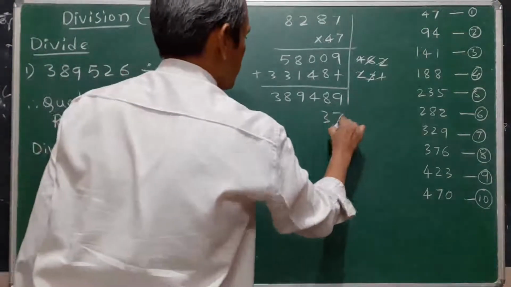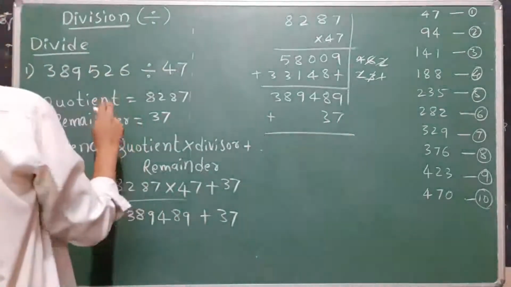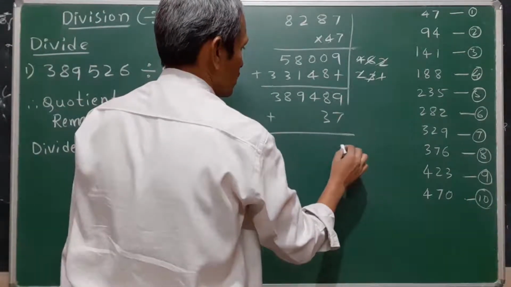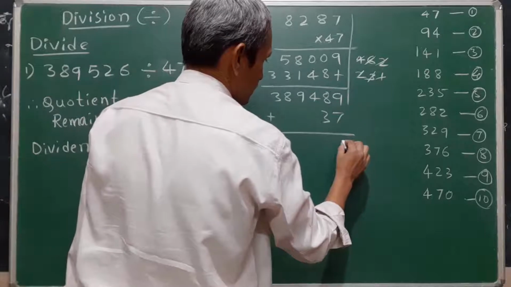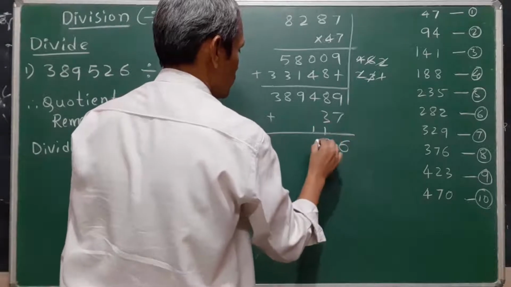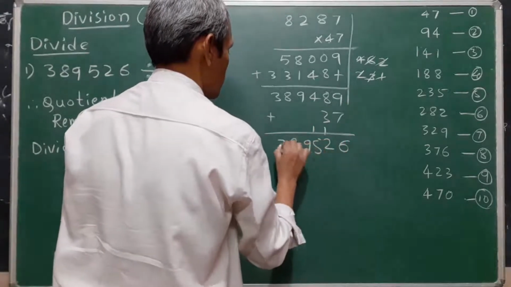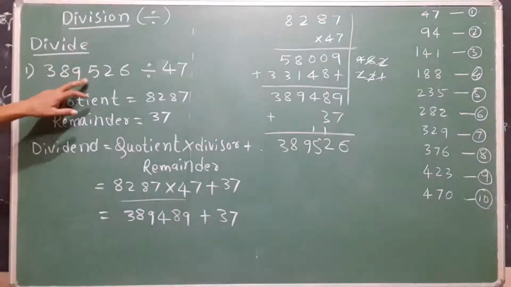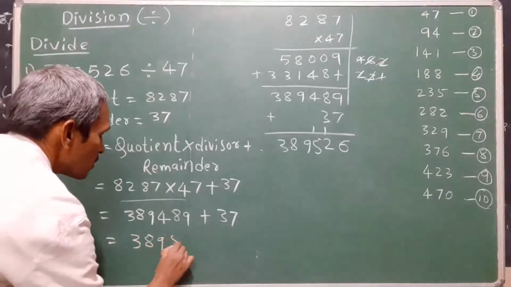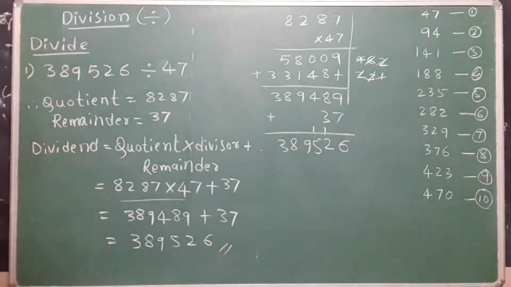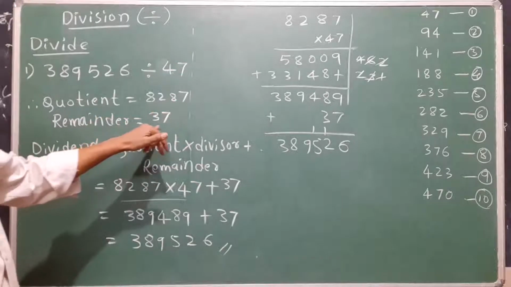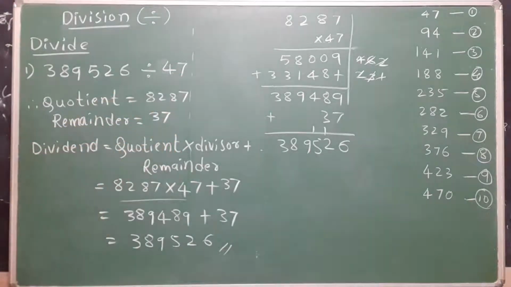After adding 37 to this, we should get the dividend. 7 plus 9 is 16. 8 plus 4 is 12. 5 9 8 3. 389526. This is what we got. Therefore we got the dividend. Then the quotient and remainder we got in this division process are correct.